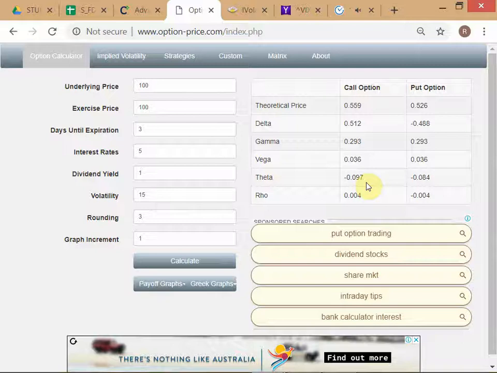The minus 0.097 means that this particular premium will reduce by 0.097 if you change the days to expiration from 3 to 2. This is clear? That's what it means. So bottom line, the principle we have learned, recapping the earlier learning, is that all long option positions, call or put, have negative theta. Whether you're long calls or long puts, the theta will be working against you, and you will lose time value.